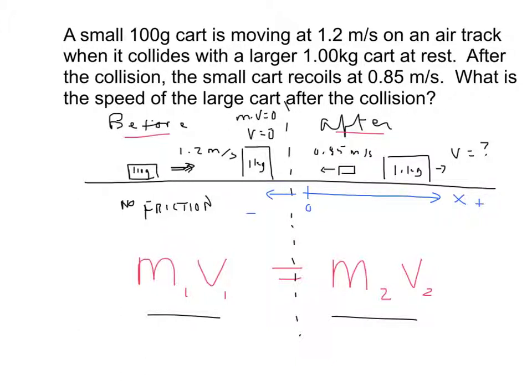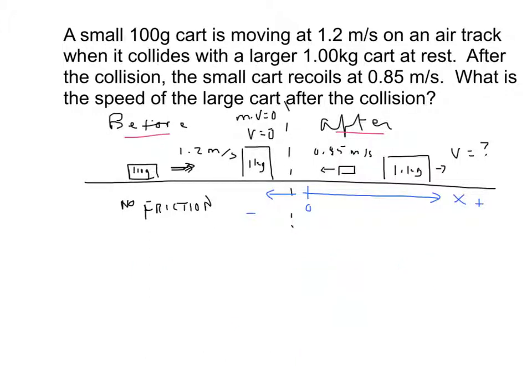So let's go ahead and set up the equation. The momentum before, we have m1 v1 plus m big v big. I'm going to call this the little object, this the big object, equals m little v little. Okay, I'm sorry, I need to add an extra notation.